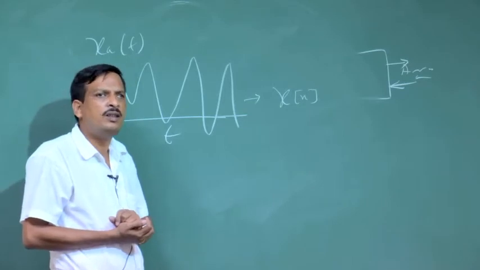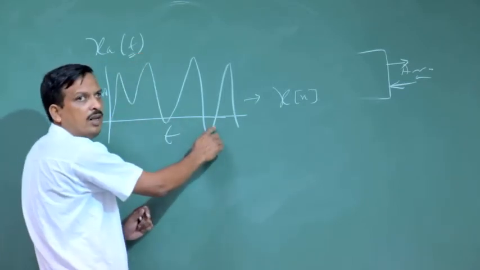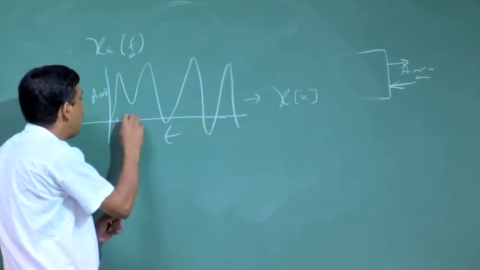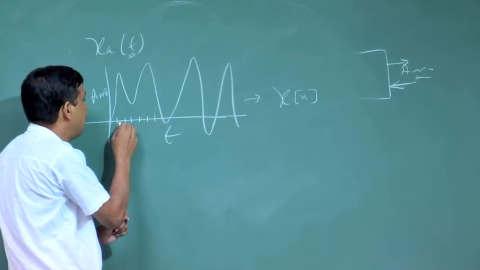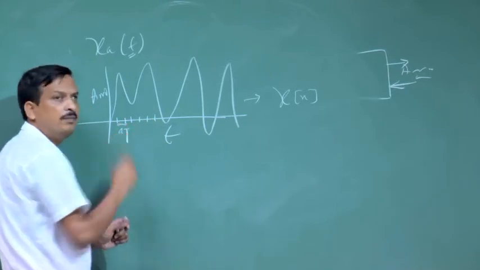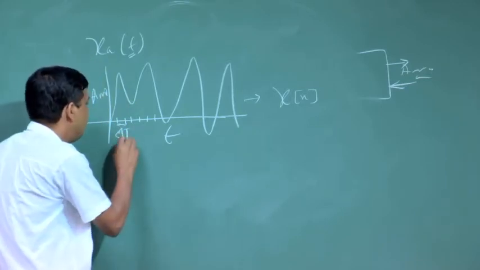How do we do it? First, time is continuous. I have to convert this time to discrete instants with a fixed interval, delta t.